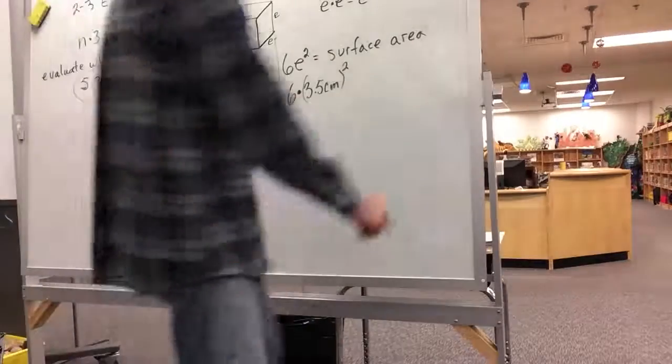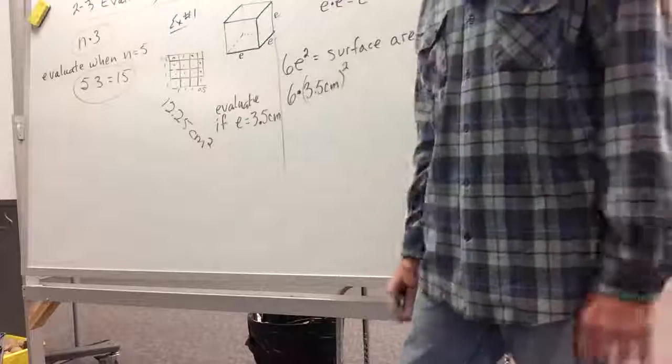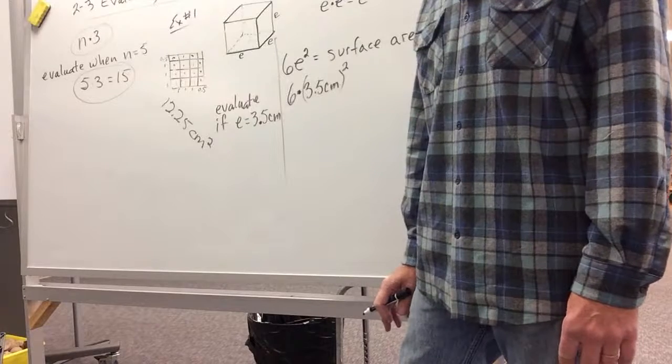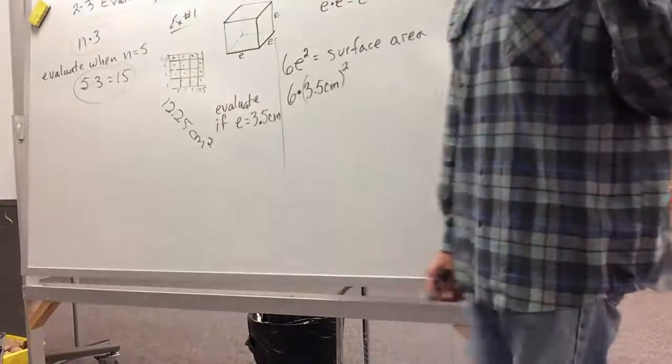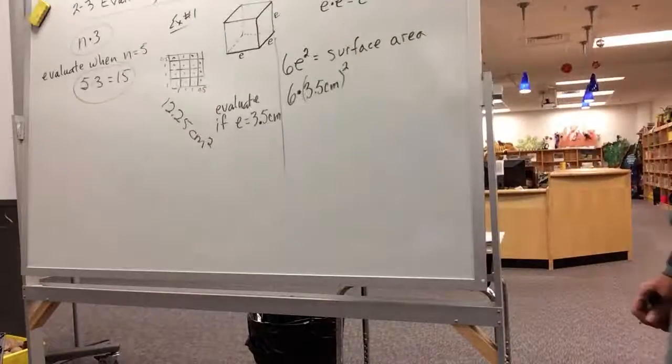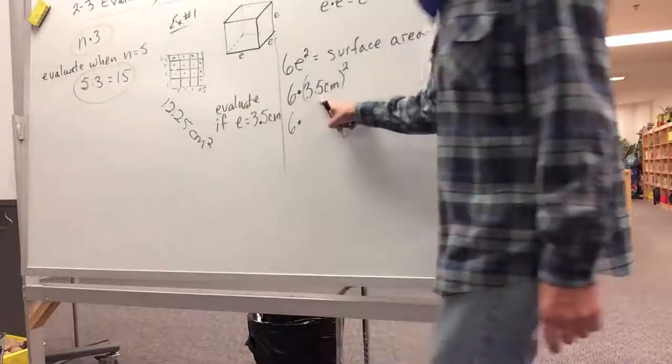So let's go back to this. This is just to help you see this picture. Yeah? You said square centimeters, isn't it centimeters squared? It can be read either way. Square centimeters or centimeters squared. Either way, same. So what is 3.5 multiplied by 3.5?